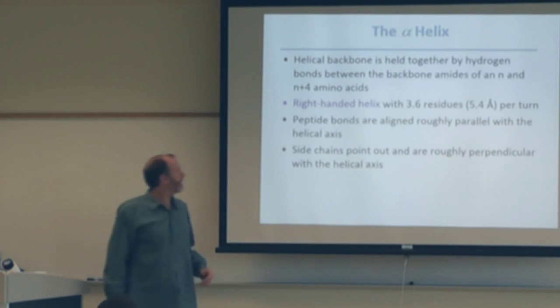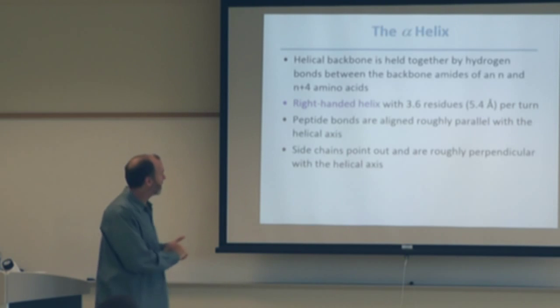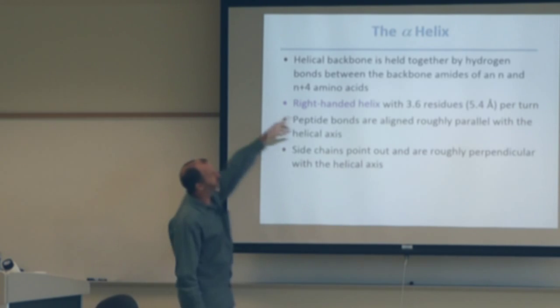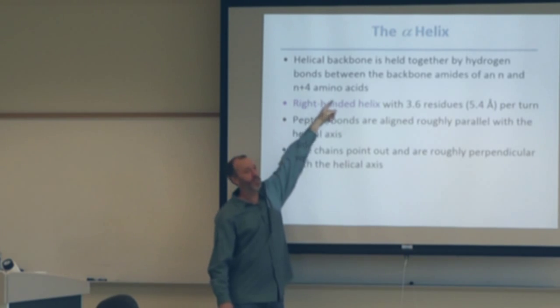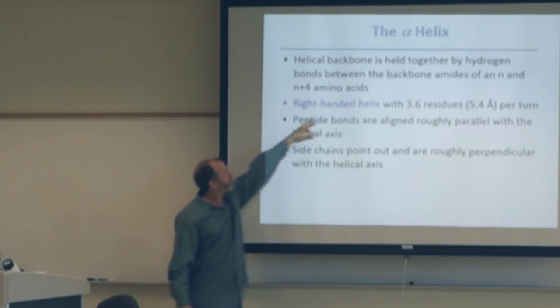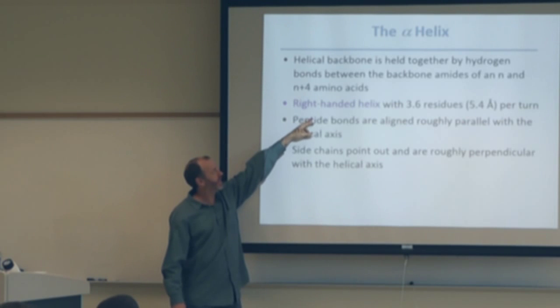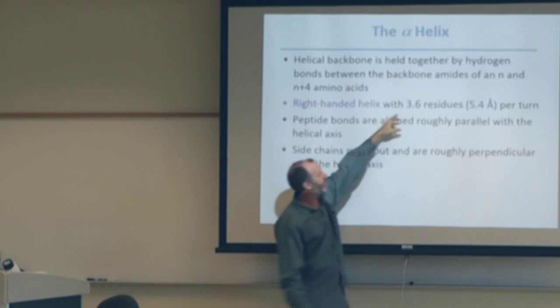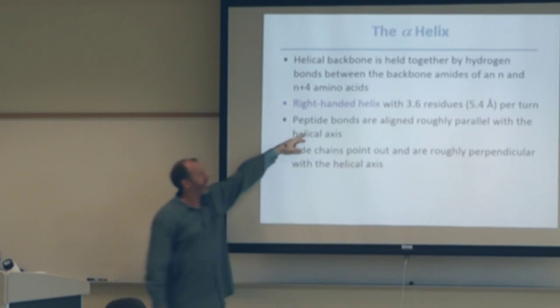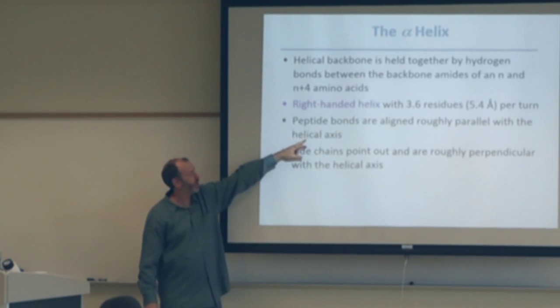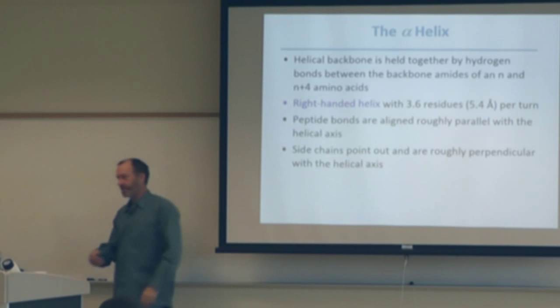So the alpha helix has a helical backbone held together by hydrogen bonds between the backbone amides and the N plus 4 amino acids. A right-handed helix typically has 3.6 residues and 5.4 angstroms per turn, and peptide bonds are aligned roughly parallel to the helical axis.